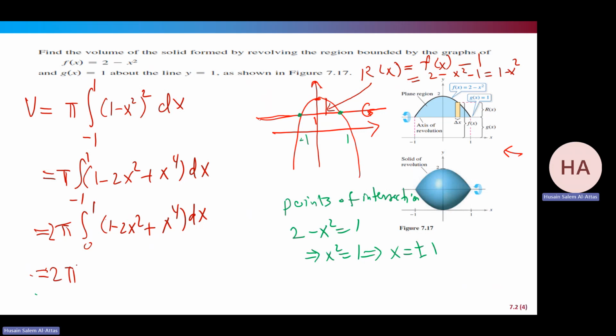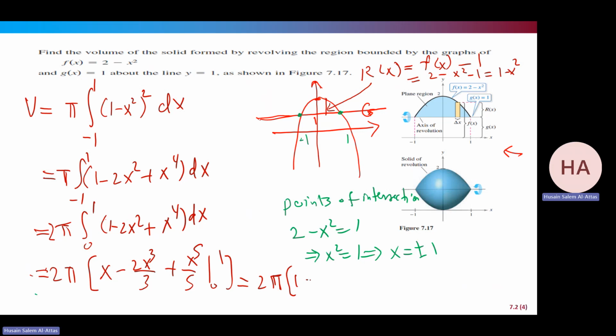And that gives me 2 pi times x minus 2x cubed over 3 plus x to the power 5 over 5, from 0 to 1. That makes the calculation easy, because when I substitute 0, I get 0.